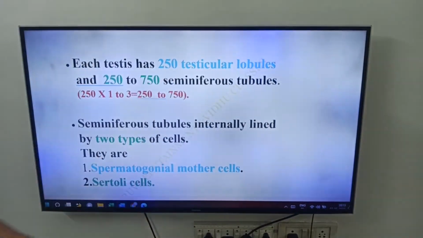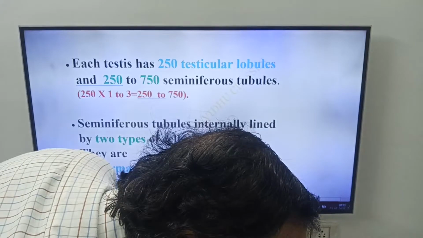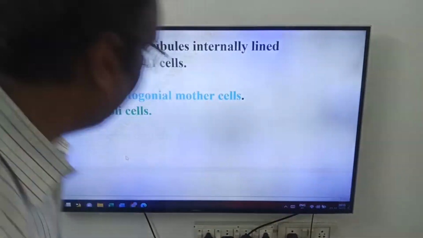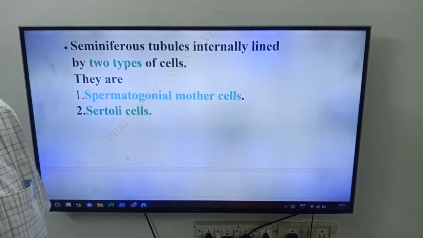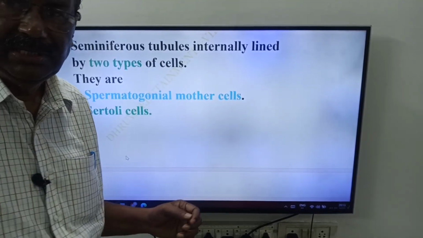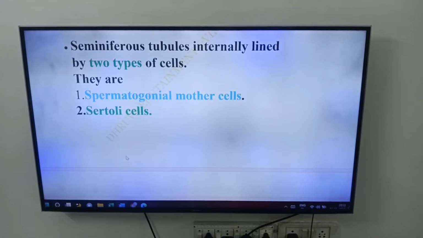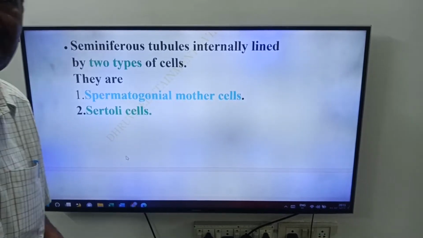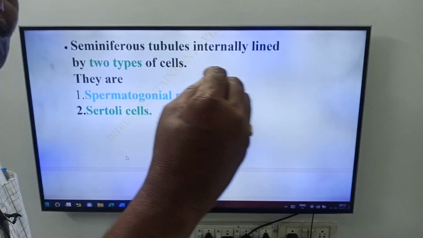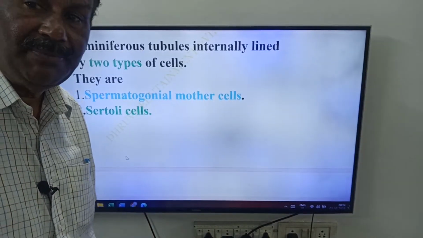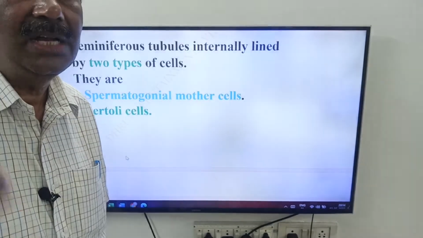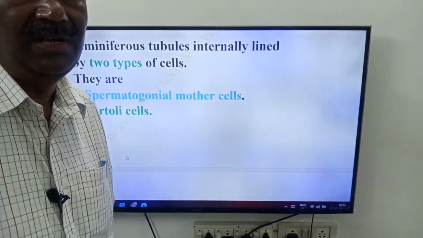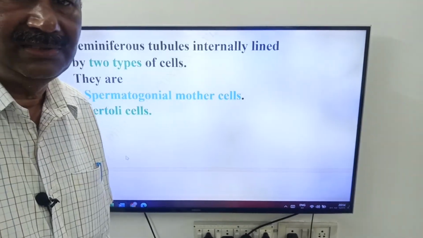Very, very important, friends. Now, seminiferous tubules, another important point. Seminiferous tubules are internally lined by 2 types of cells. They are spermatogonia, or spermatogonial mother cells, or sperm mother cells.